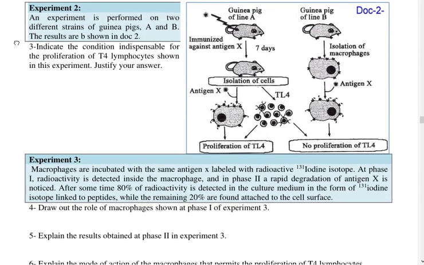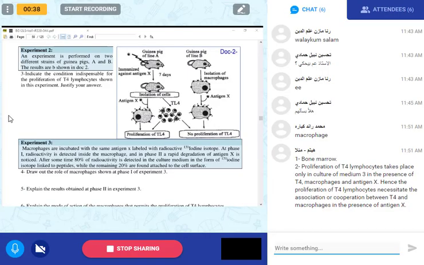An experiment is performed on two different strains of guinea pigs, A and B. The results are shown in document 2. Okay, so let's see what we did to these two guinea pigs. The first one is immunized against antigen X. بعد 7 days عملنا له isolation of cells.